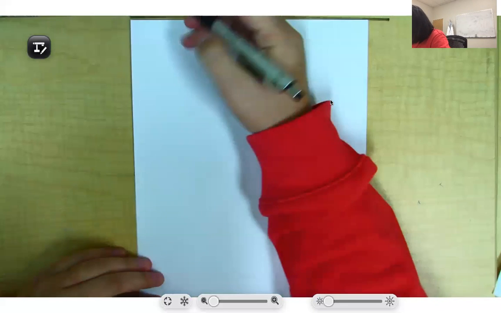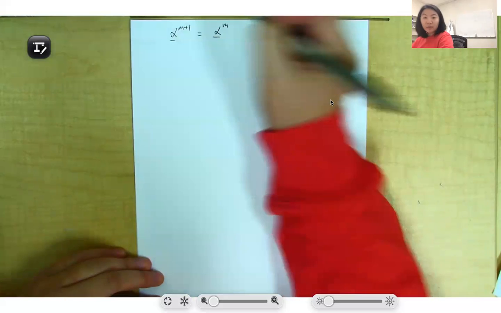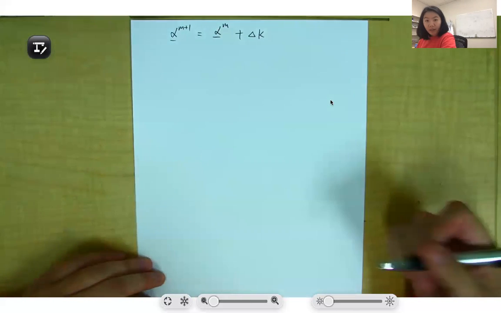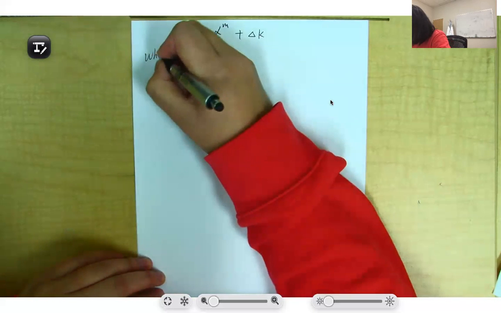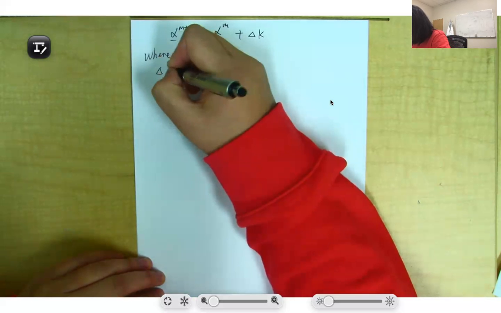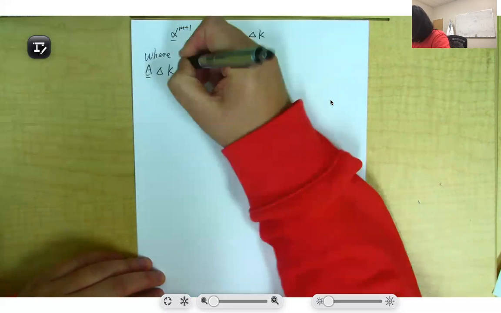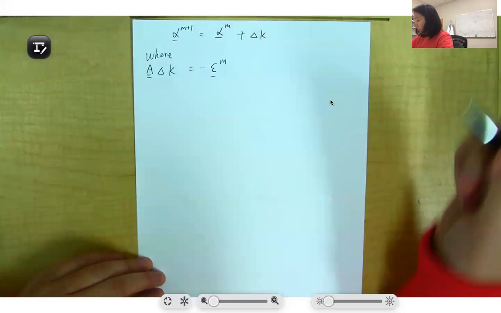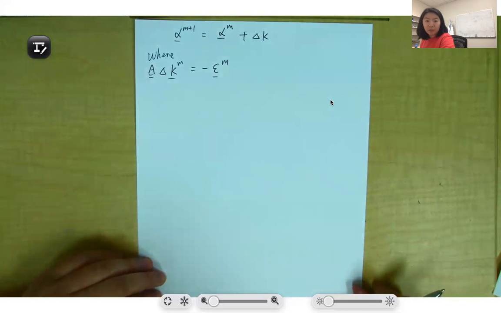This alpha_(m+1) will be based on the current alpha plus a delta, and this delta is based on the error analysis, where A times delta equals epsilon_m, at the mth iteration.